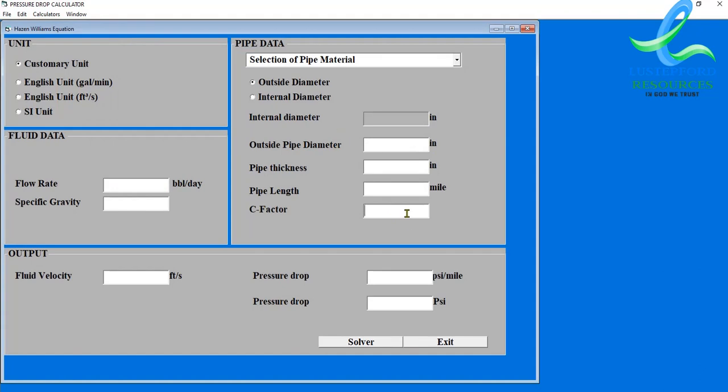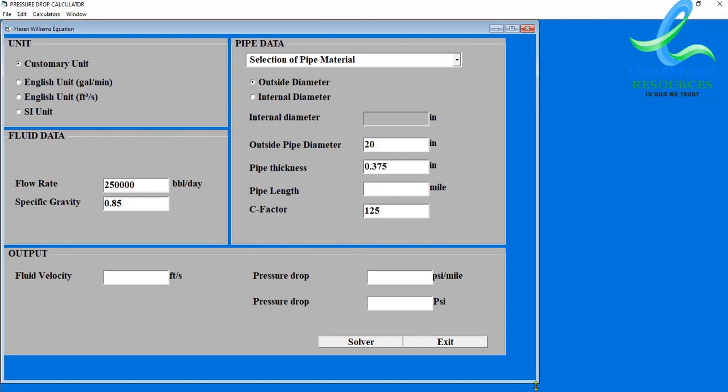So here is 125. Here is 20. Here is 0.375. This is 25,000. This is 0.85.